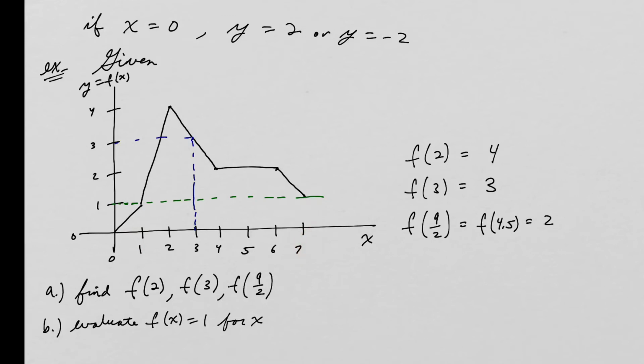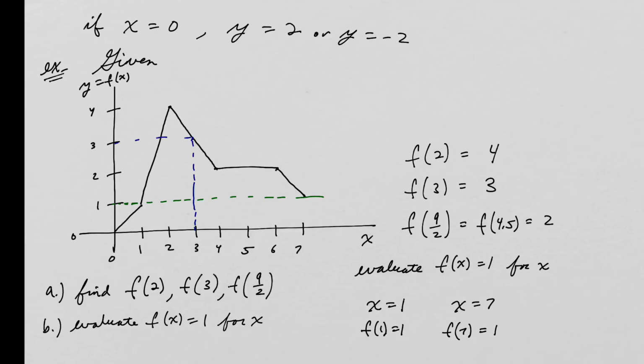So evaluate f of x equals 1 for x: the solution is x is equal to 1, because f of 1 gives me 1, or x is equal to 7, because f of 7 gives me 1. If the input is a 1 or a 7, my output is a 1. So basically I picked off these two points, here and here.